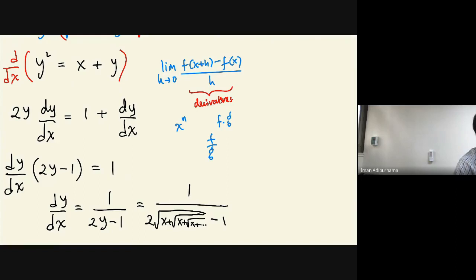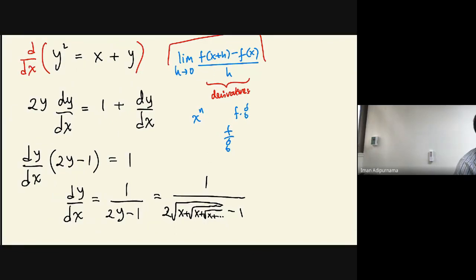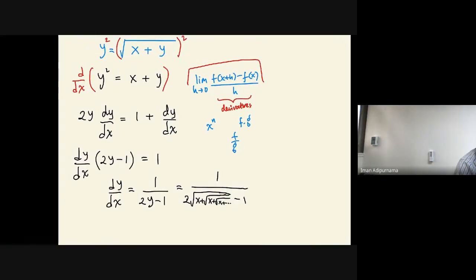It will be a shorter version of the original proof. But remember, the definition is always this limit. Sometimes if you need to prove something in the fastest way, implicit differentiation can be an easy tool. Most of the time, if you have y in your equation, it's really easy to use implicit differentiation.